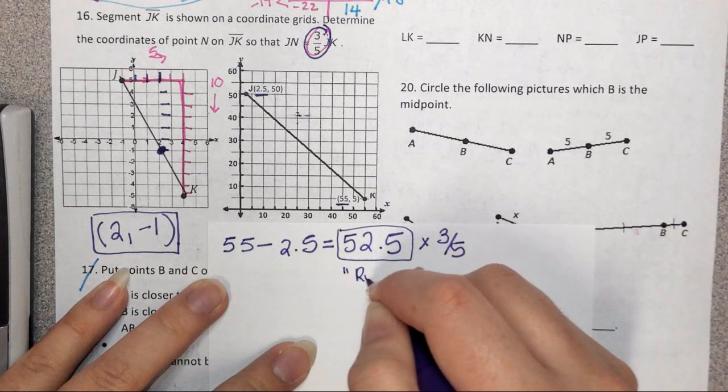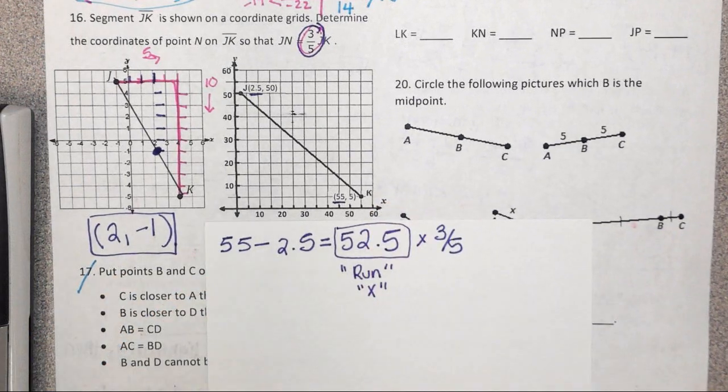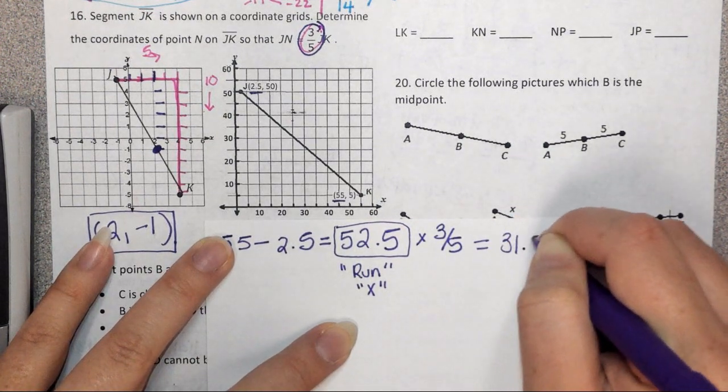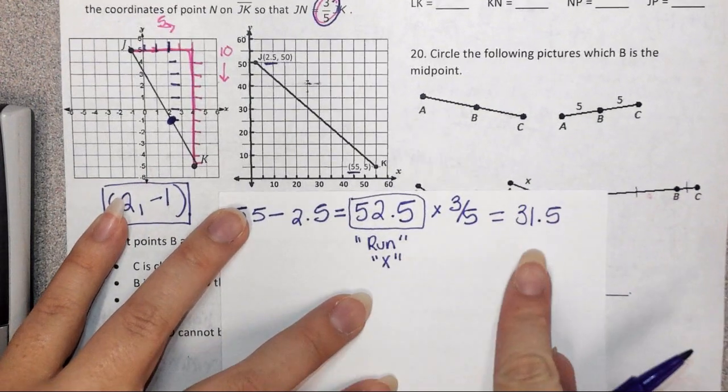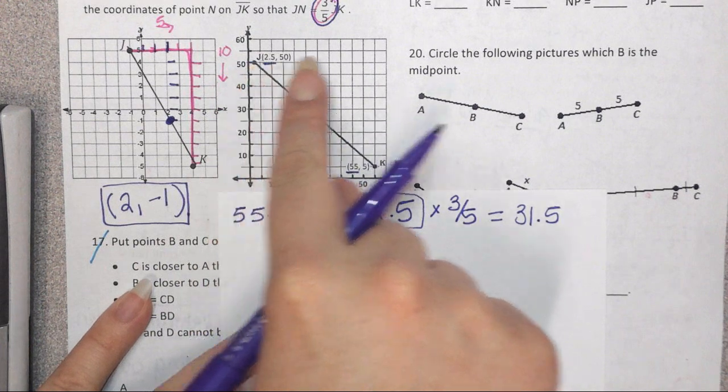This is like your run, since this is dealing with our x values. So 52.5 times 3/5 gives us 31.5. So this is the new amount that we need to go to the right.